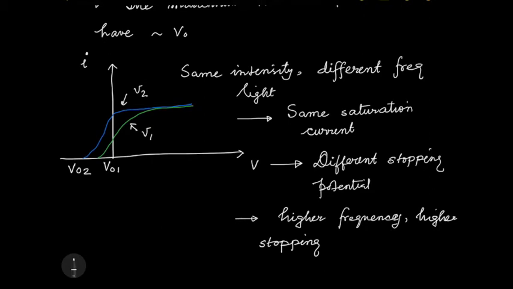Higher frequency requires higher stopping potential or higher reverse negative bias. So here nu2 is greater than nu1, and V02 is greater than V01. V02 is the modulus of the voltage; the actual voltage is more negative, but you need more reverse bias, that is the point. So these were all the observations that existed at this point.